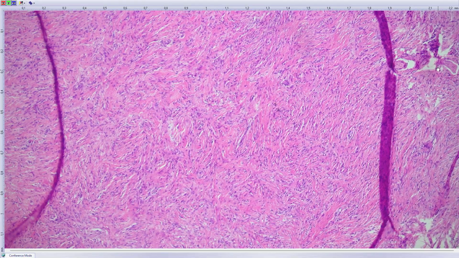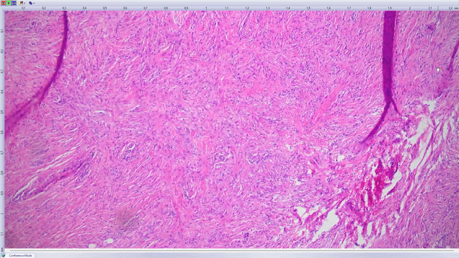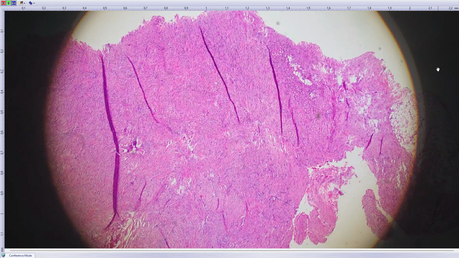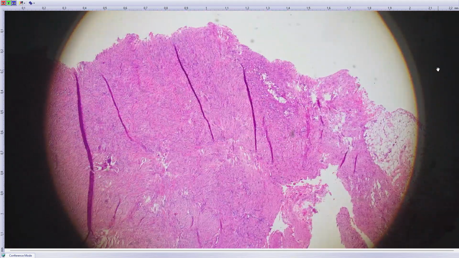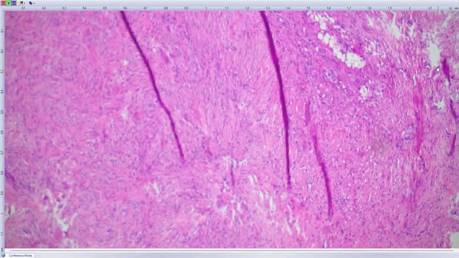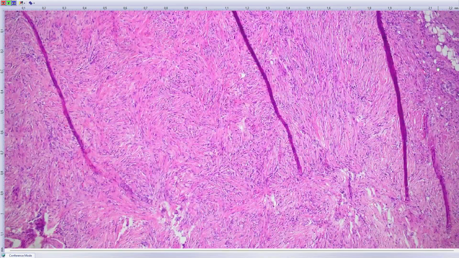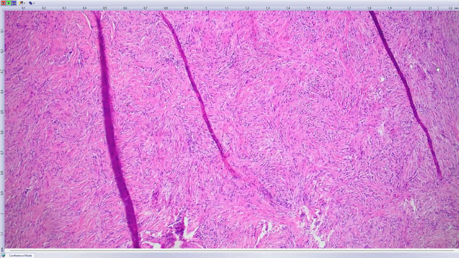Some are ovoid, some are more spindled, so there is more cytological variability than you see in dermatofibrosarcoma protuberans. So here you can think of dermatofibroma, a fibrous histiocytoma, which would be definitely number one in the differential for me, or maybe perineurioma. So we did some staining.